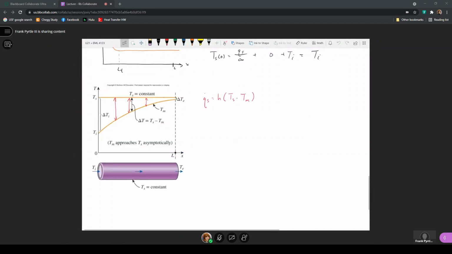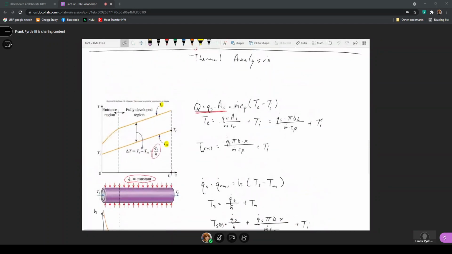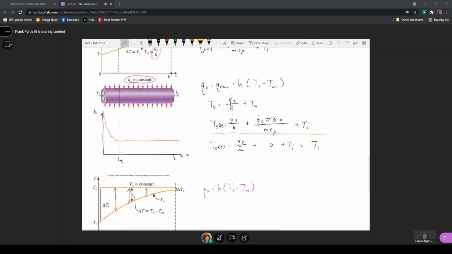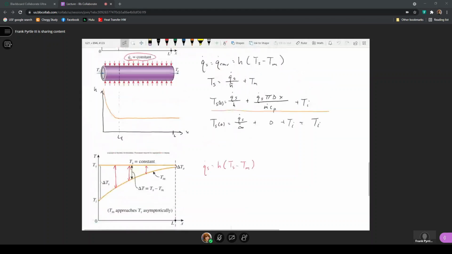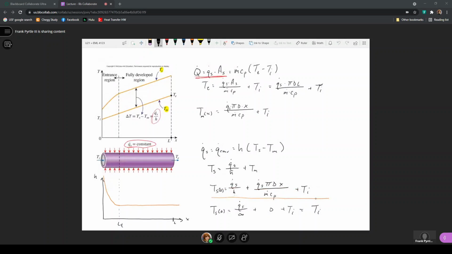For internal flow through a pipe, we can have two conditions, a constant heat flux problem or a constant surface temperature problem. Going back to what we were considering the last time, when we have a constant heat flux applied to a pipe for the heating of a fluid from its inlet to its exit, the temperature variation of the fluid as it moves through the pipe is going to be linear.